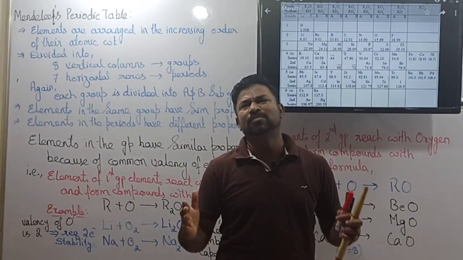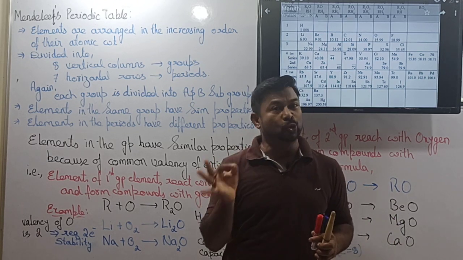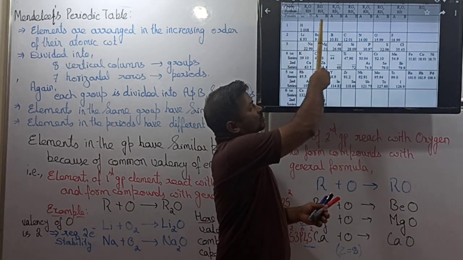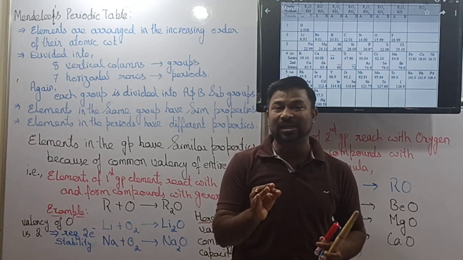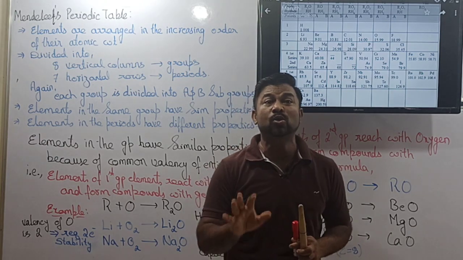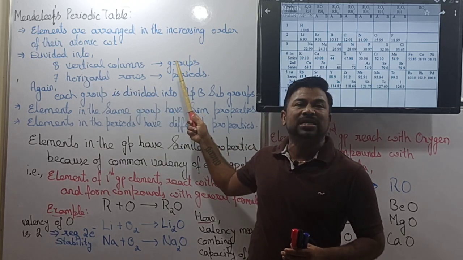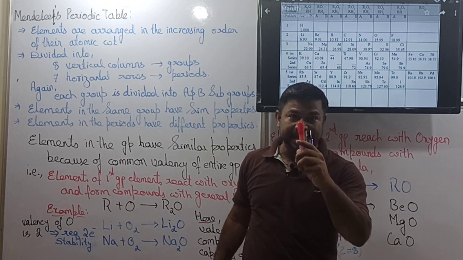Now, the total elements available at the time are divided into 8 groups. Which are the groups? The vertical columns. The vertical columns are nothing but the groups. He has classified all the elements into 8 groups. That's it: 8 vertical columns called groups. He named them groups.